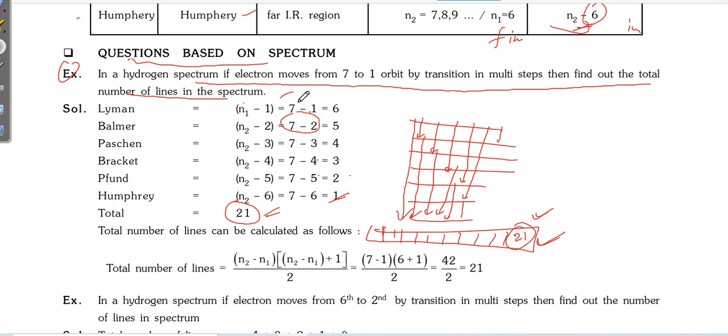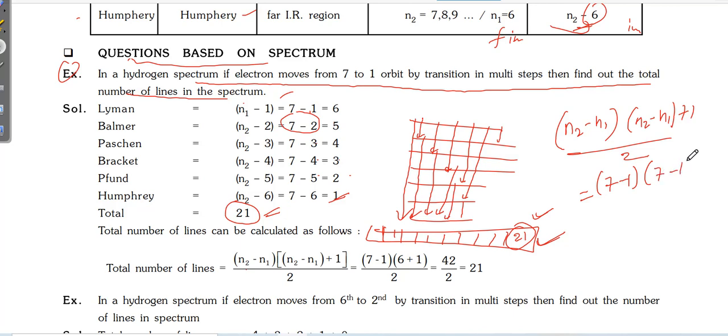So every time no need to do all these things. One formula is there. Just you can write n2 minus n1 into n2 minus n1 plus 1, by 2. Here what is the n2? 7. 7 minus 1 into 7 minus 1 plus 1.